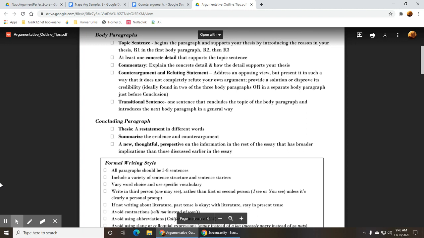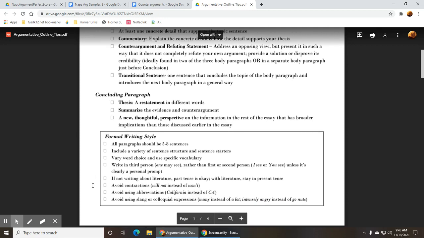Then you summarize your key evidence and counter-argument. Remind people of the good points that you made throughout your essay. And end with a new thoughtful perspective, something that has a broader significance, a call to action, some kind of general statement that leaves your reader with something to think about.